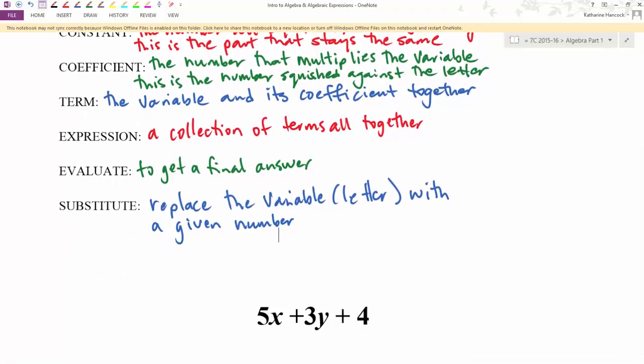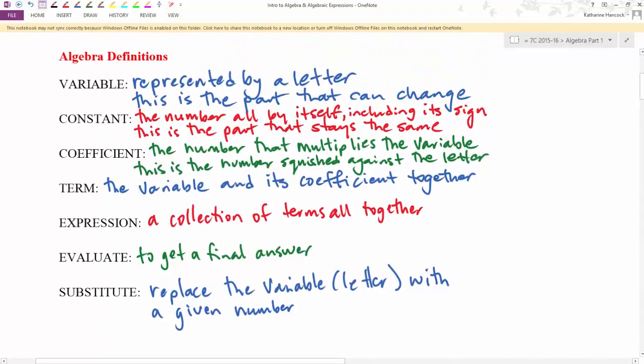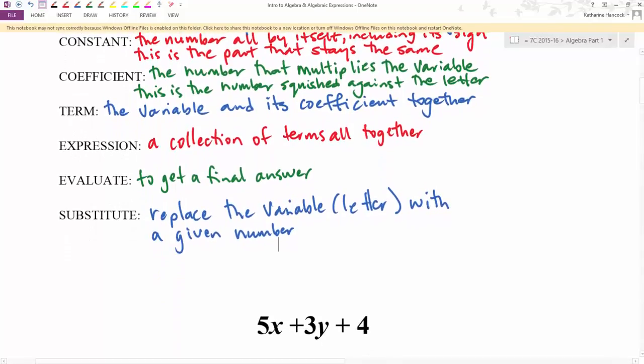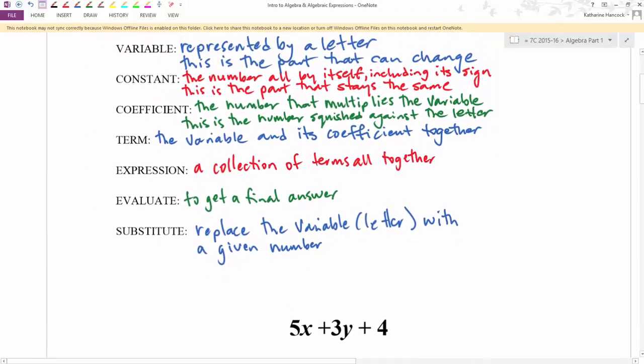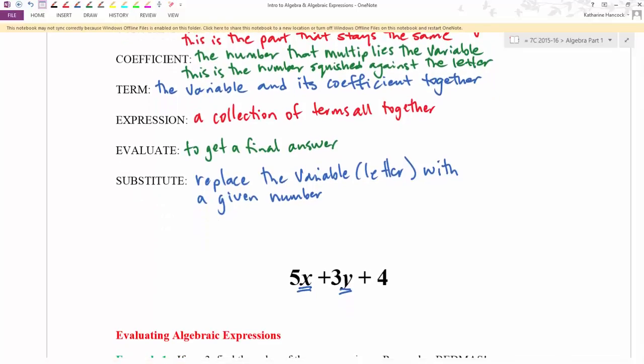But then we're going to go on and talk about all these different parts of an expression. So we're going to start off with the variables. So the variables are the letters. So that means that x and y, these are the variables.